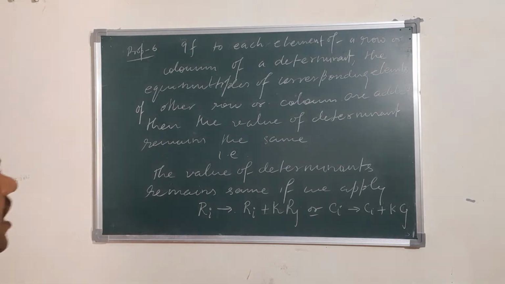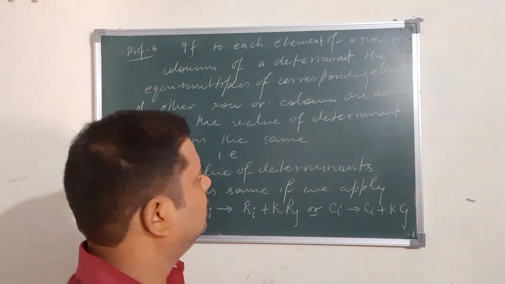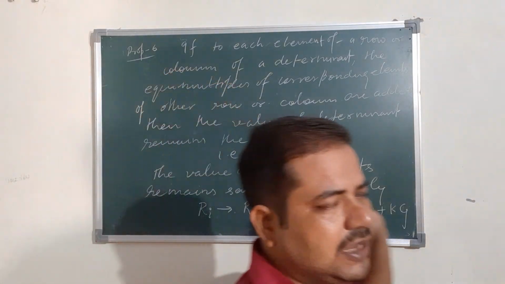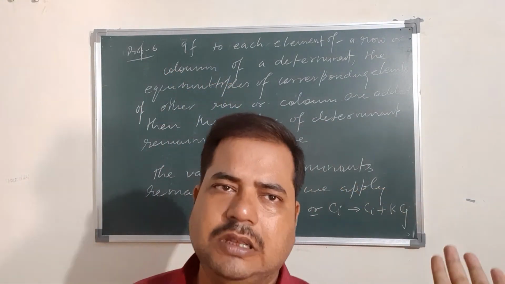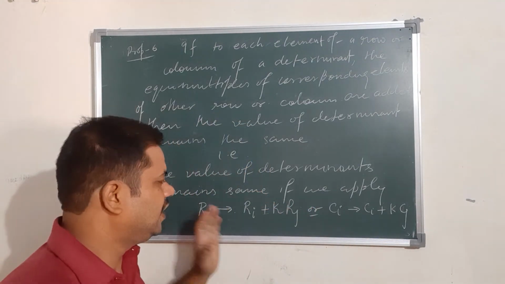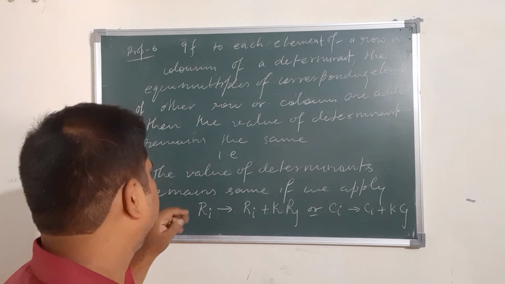What is the meaning of that particular property? We shall discuss. First of all, you understand the property. If we apply this particular row or column operation, then the value of the determinant remains same. The value of the determinant does not change.